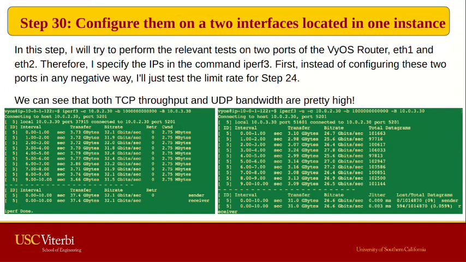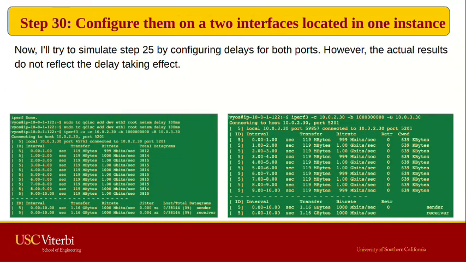I have also configured the router, ETH1 and ETH2, and you can see the bit rate is pretty high. So what is the reason? Although we use different IP addresses, they are located in the same PC, the same VM.